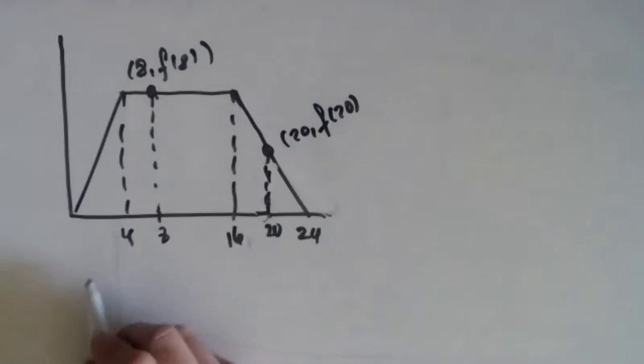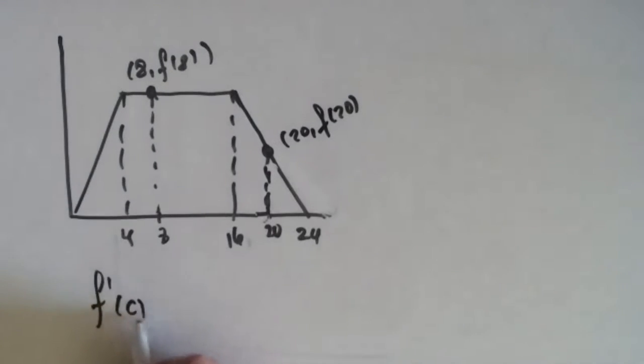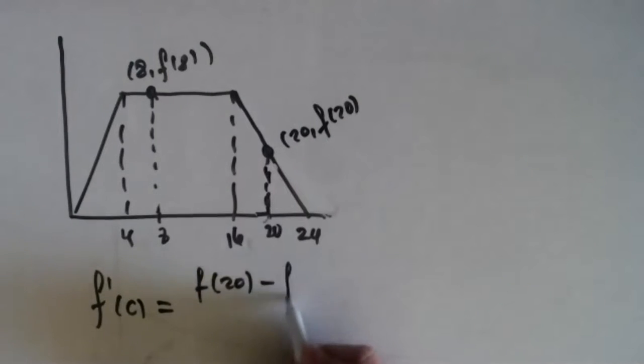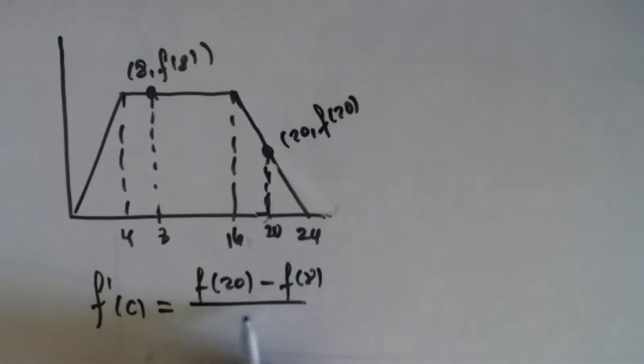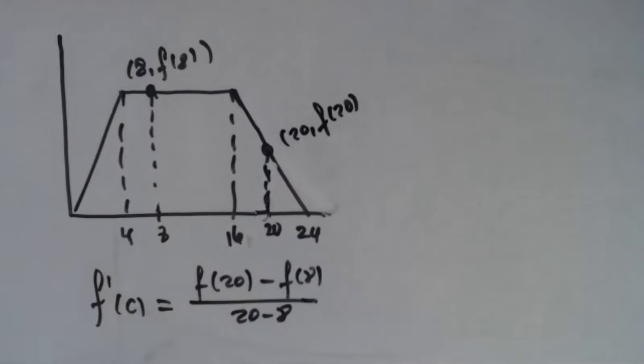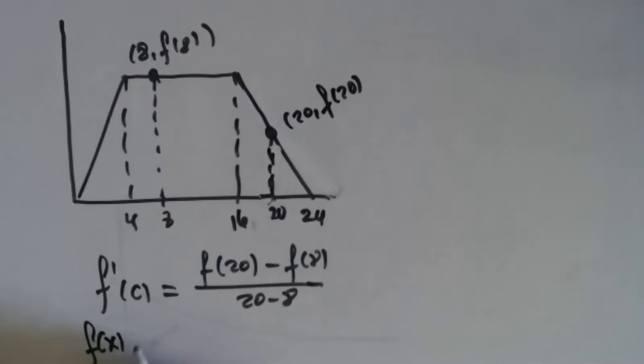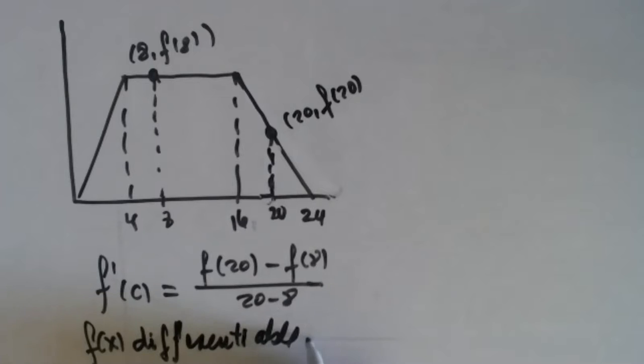So the mean value theorem says that f prime of c is f of 20, in this case, minus f of 8 over 20 minus 8. But there is a condition: f of x differentiable on 8 to 20.